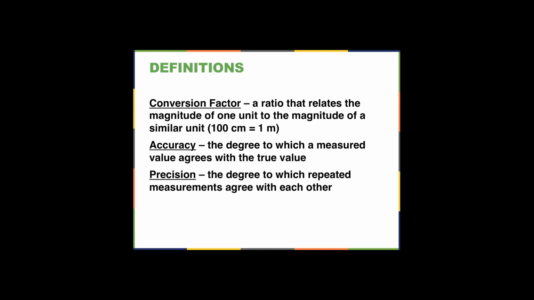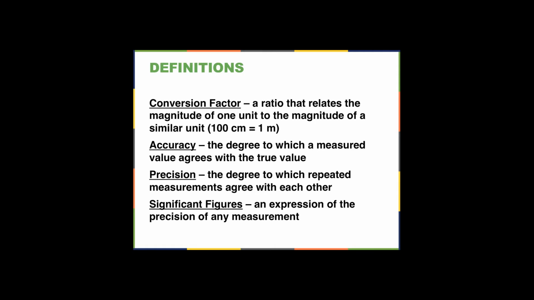It's important to understand the difference between these two, because when we talk about significant figures, we're talking about something that expresses precision, not accuracy. And it's very important that you express your results with the proper degree of precision based on the precision of the measurements, understanding the definition of precision as I use it there.